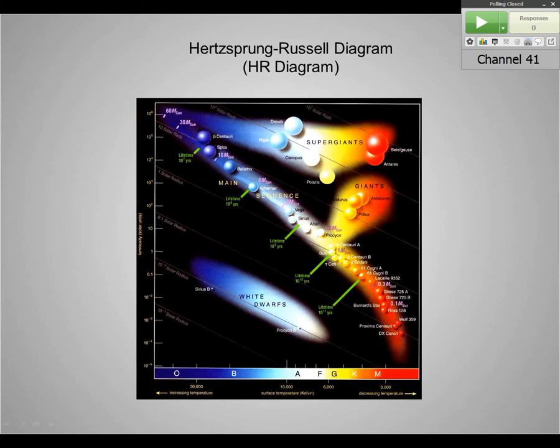Okay, so last time we got partway through this particular lecture, and I just want to review a couple things before we move on, just to kind of prime the pump here. We had introduced the concept of the Hertzsprung-Russell diagram, which is a tool that can be used to help us understand the relationship of stars in terms of their temperature and luminosity.